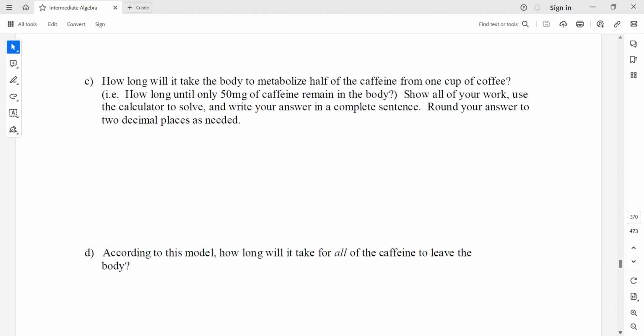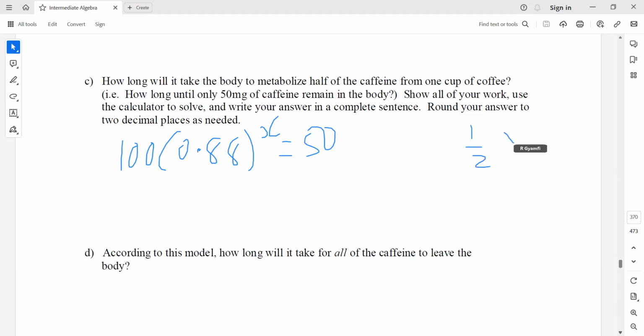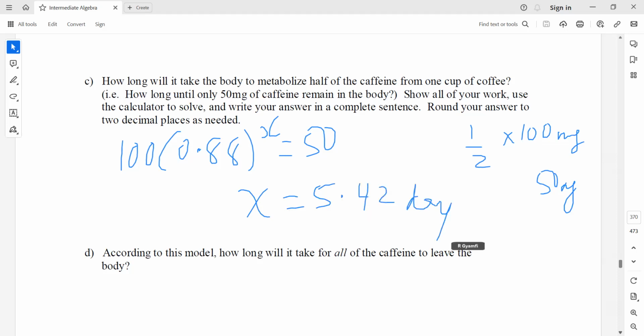So that's a half of caffeine remaining in the body. It says use the calculator to solve that. So we're going to get 100 times 0.88^x equals 50 mg. Where are we getting the 50 from? It's 1/2 of 100 mg. So put this in the calculator, you should get x equals 5.42 days.